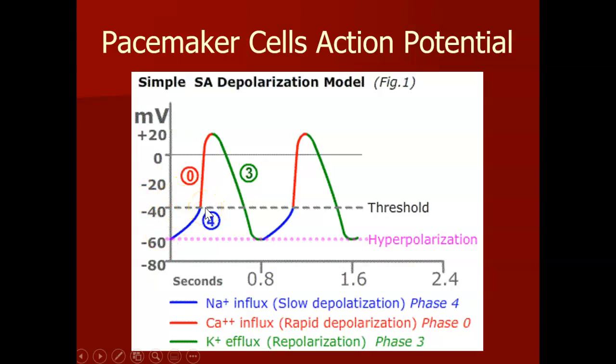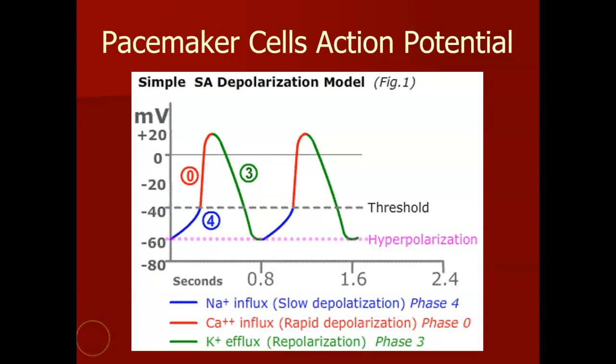Remember, the threshold is that point where ion channels start to open up, and we get the active process of depolarization, or becoming more positive. So in this action potential, we started at -60. We're going to spontaneously bump up to -40, which is the threshold.